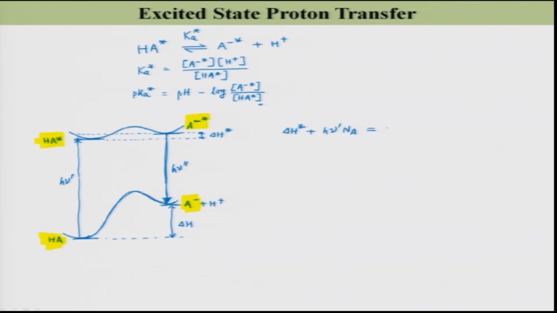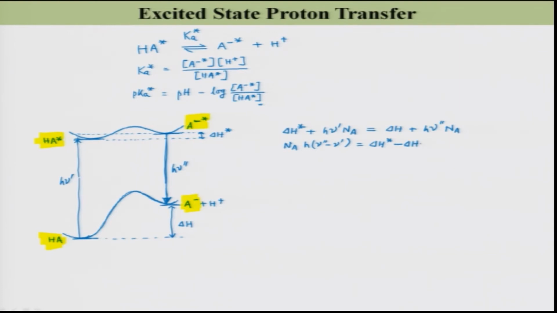So, this will be equal to delta H plus H nu double prime into Avogadro number. I can write this. So, now let me rearrange: N A H, nu double prime minus nu prime, is equal to delta H star minus delta H.